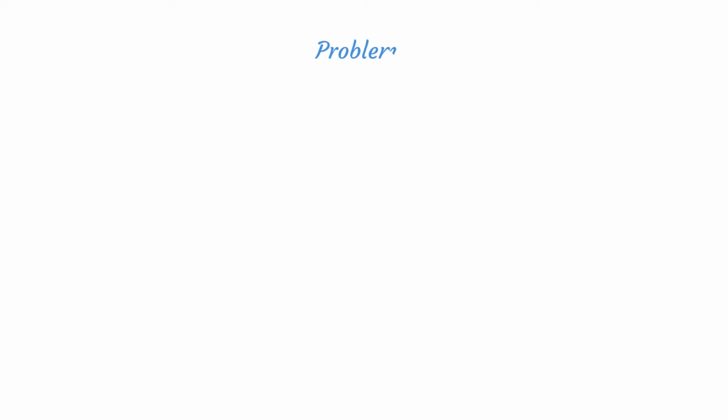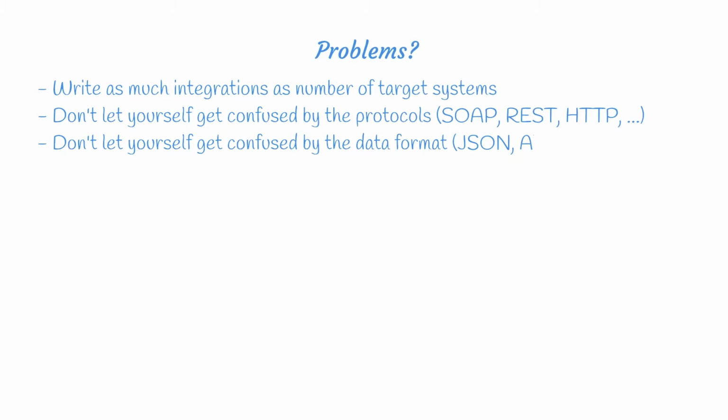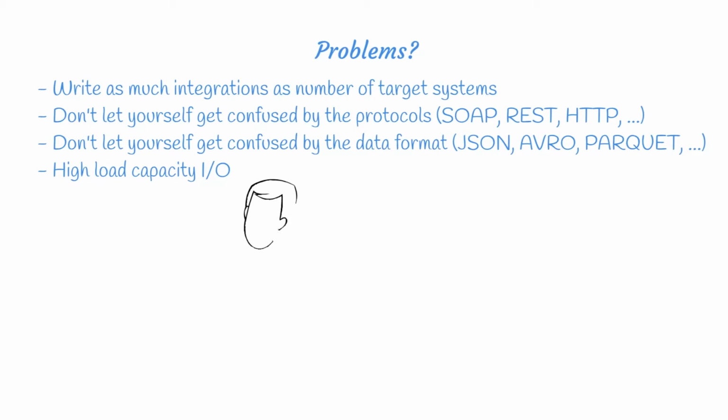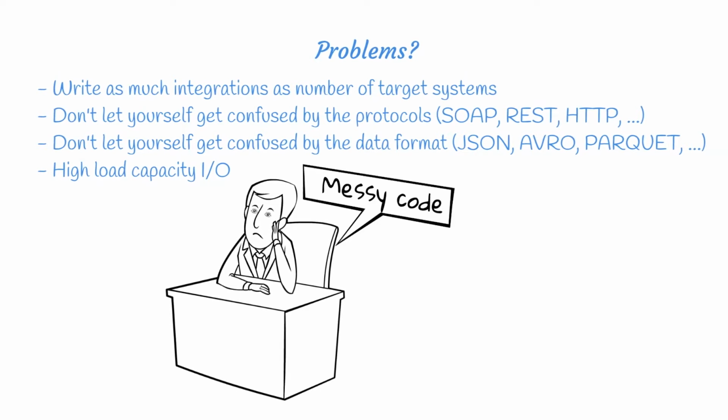The first problem is integrations. You have to write as many integrations as the number of target systems. For example, if you have 4 IoT devices and 4 target systems, you have to write at least 16 integrations.